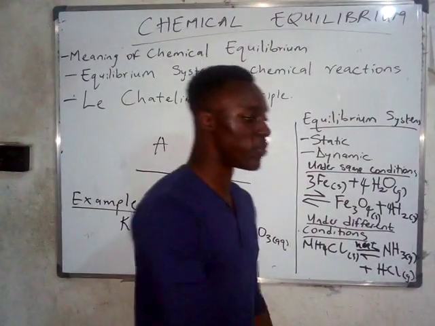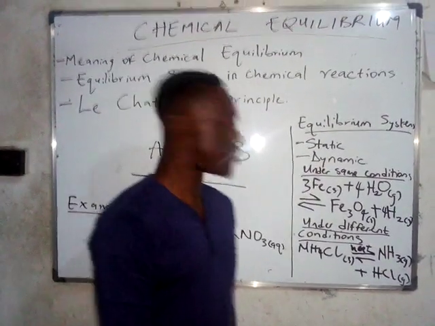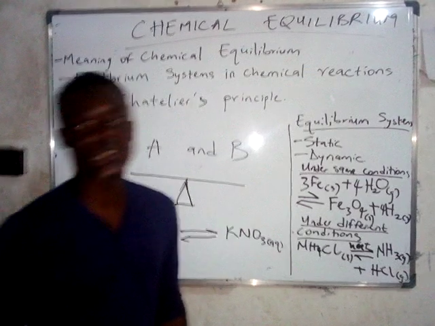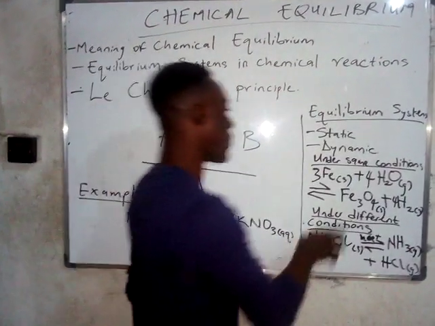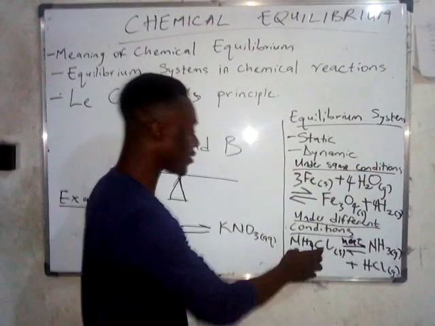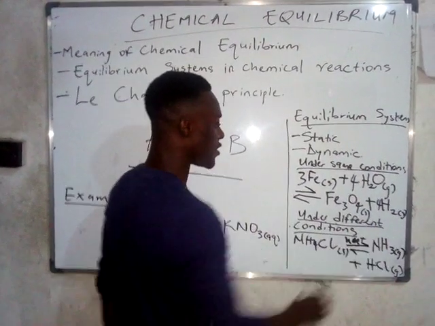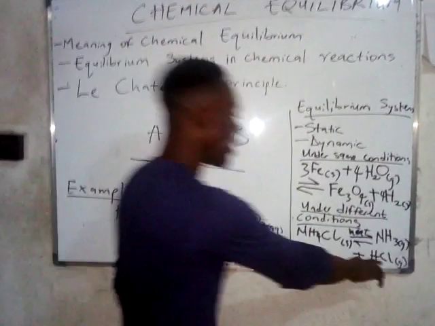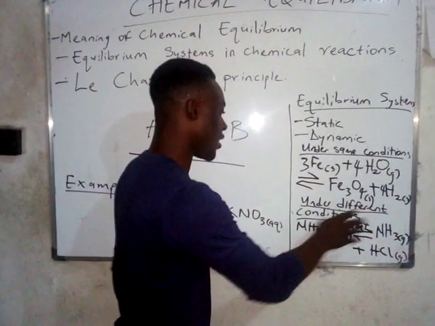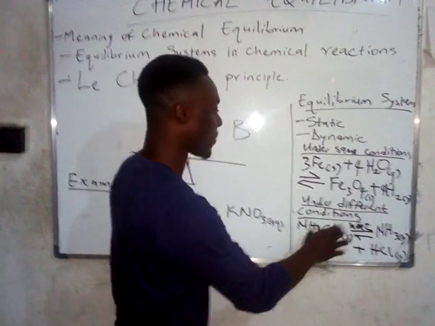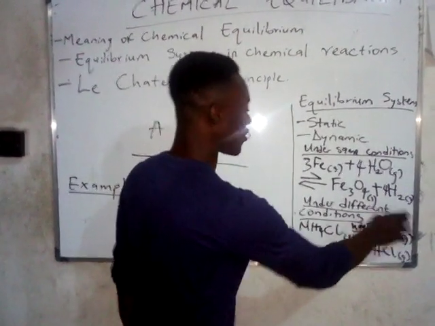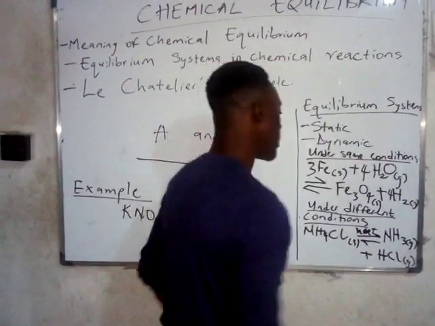When you want to decompose, break down something into its constituent units, one of the ways to do that chemically and even physically is to apply heat. So when you want to decompose ammonium chloride into its constituents, which is ammonia gas and HCl gas, you have to do that under great heat. So application of heat to ammonium chloride leads to the decomposition of it into its constituents, ammonia and HCl.